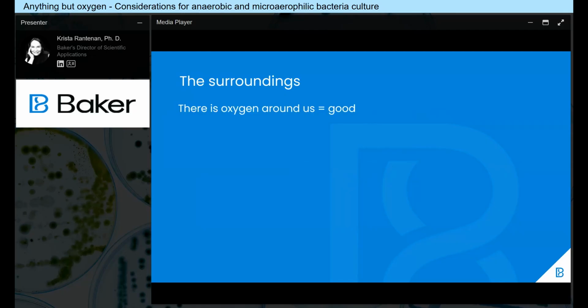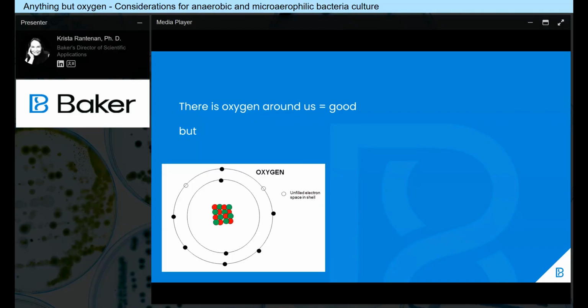So the thing is, oxygen is everywhere, of course, and it's good. It would be hard without, but there's a problem, and the problem is these two dots. These two dots are the problem that oxygen creates. These two dots are the two electrons on the outer shell of oxygen.